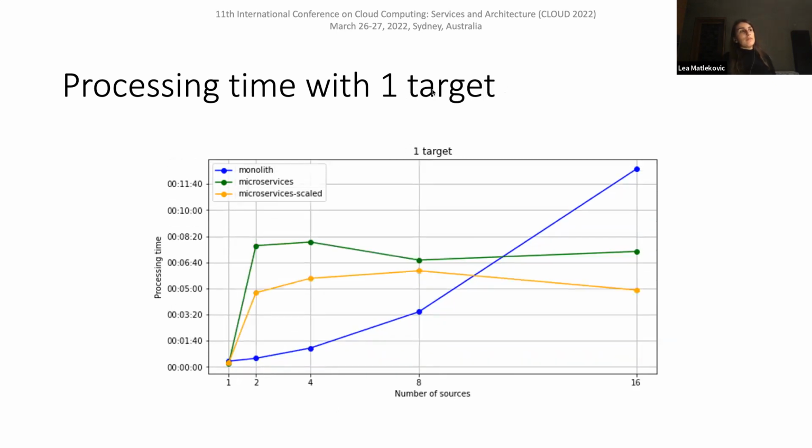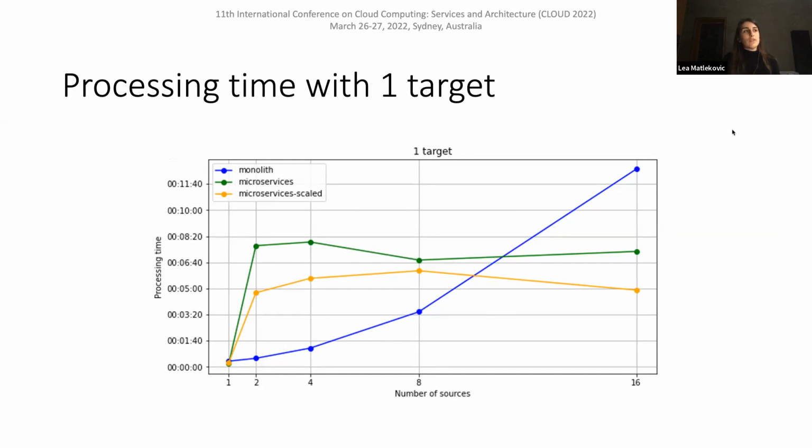You can see it better here, where we also visualized the other way around, just to emphasize what is happening with the microservice version. Here we are just changing the number of sources, or number of drones, for inspecting just one target, and we can see that microservices perform much slower than the monolith.